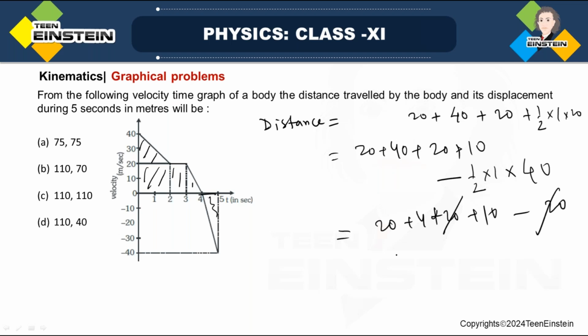This 20 cancels off. I think this is 40. So what we are going to get here, this is actually 70. I'm sorry, this is actually displacement. Okay, if this is displacement, distance will be positive. This much will be positive. So what we have got, 20, 40, 60, 80, 90, 10 is actually this.